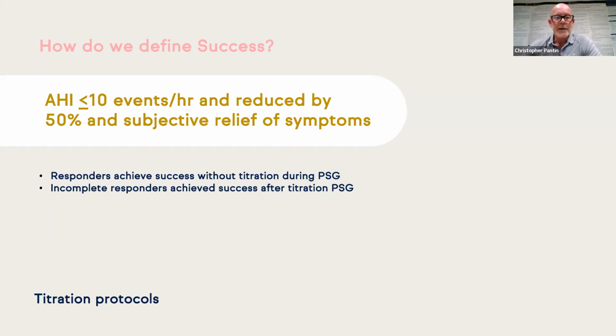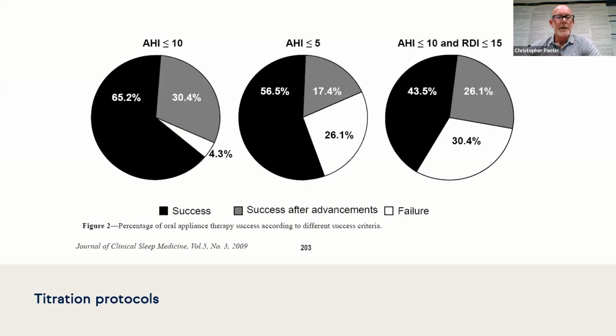Responders achieved success without titration during PSG, and the incomplete responders achieved success after titration PSG, which is quite significant. This is quite a nice pie graph, looking at 3 different possible outcomes of treatment. Here we have an AHI less than or equal to 10 and an RDI less than or equal to 15.